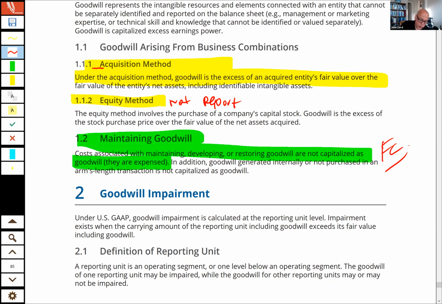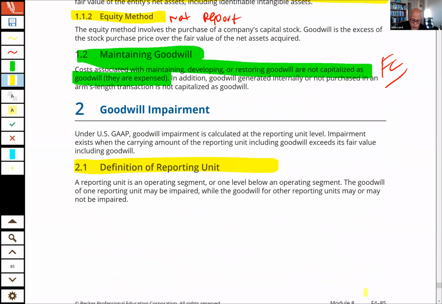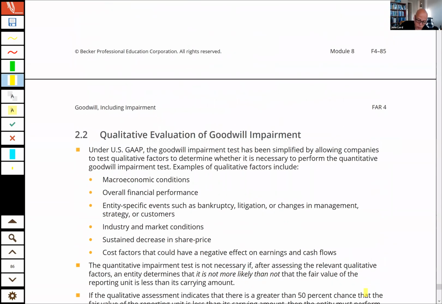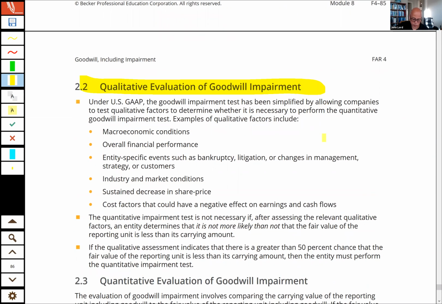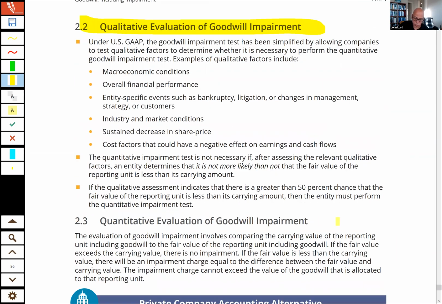Okay. And when we evaluate goodwill for impairment under US GAAP, we calculate that at the reporting unit level. Now, what we're going to look at here in a minute, you consider both qualitative, but you also consider quantitative evaluation of goodwill.